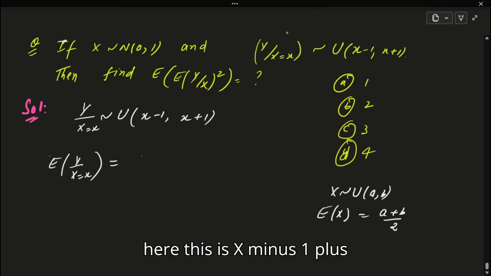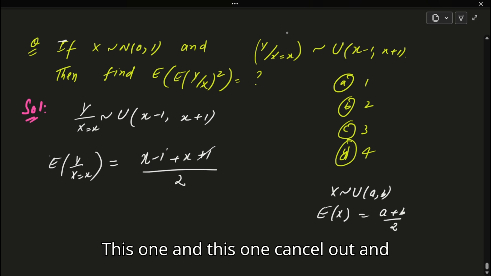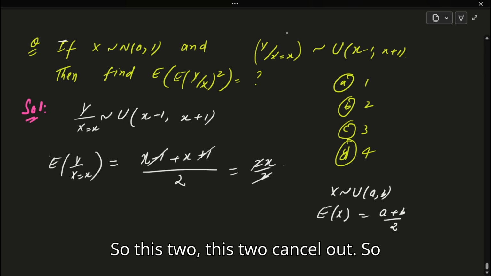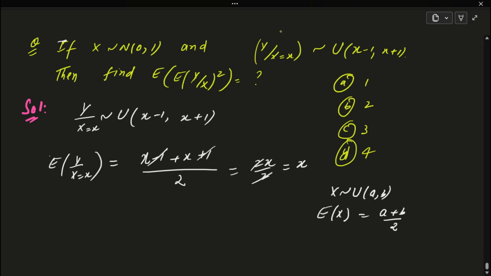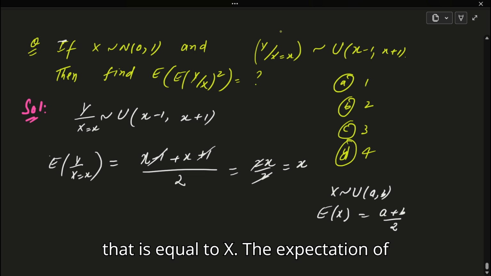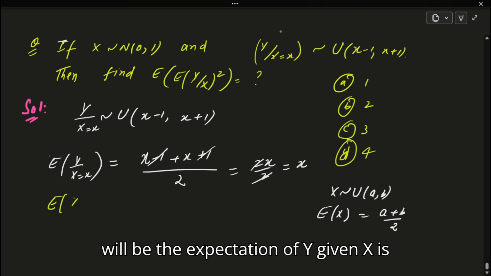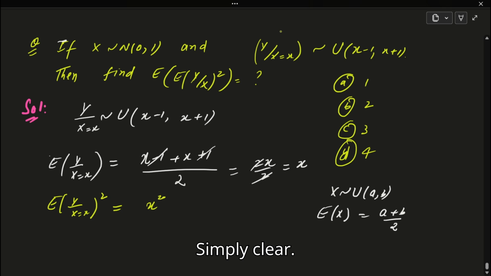So here this is (x−1+x+1)/2. The 1 and 1 cancel out, and we are left with 2x/2, so the 2 cancels out. So the expectation of y given x is equal to x. The expectation of the conditional distribution is x. Now what will be the expectation of y given x equal to x, squared? That will be x square simply.